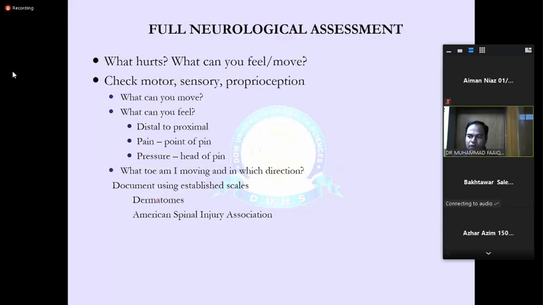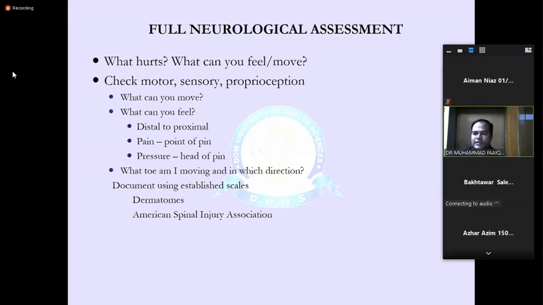Now, if the patient has sustained spinal cord injury and has been shifted to the emergency ward, as a doctor you start managing your patient according to the ATLS protocol. All the patients in the emergency ward, you have to take as polytrauma. There is a standard protocol of ATLS. You start with airway, then breathing, then circulation, then neurological deficit, then exposure: A, B, C, D, E. You already know this.